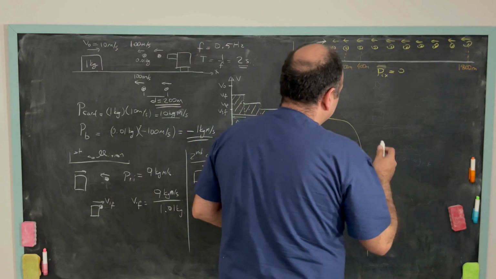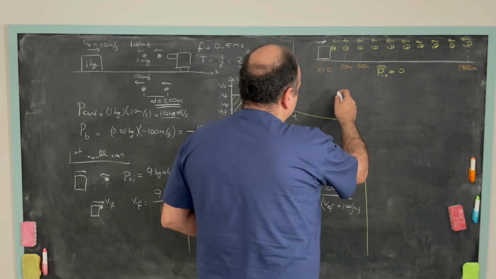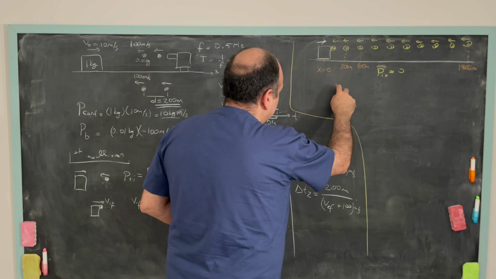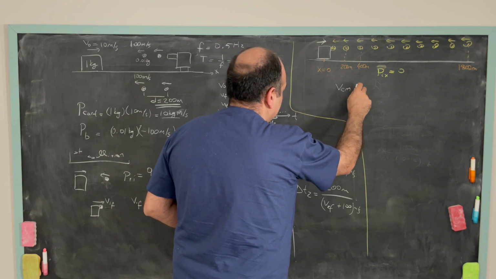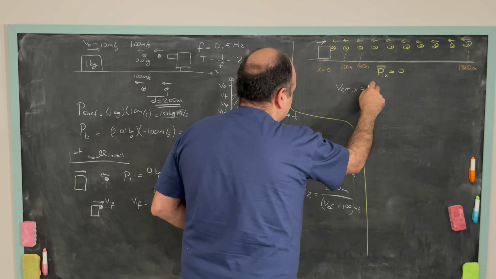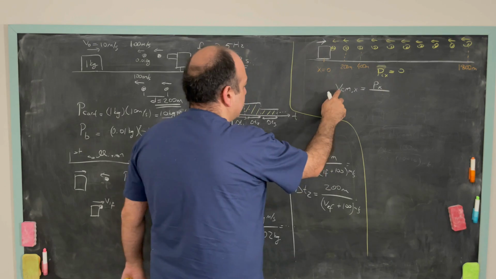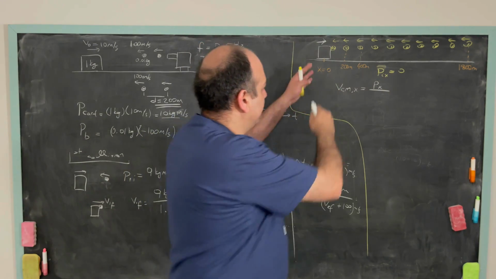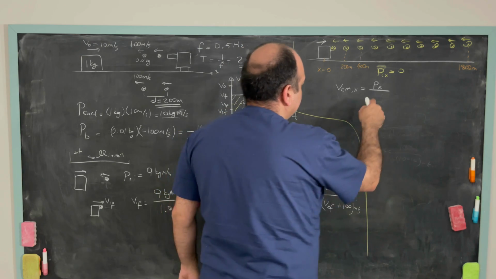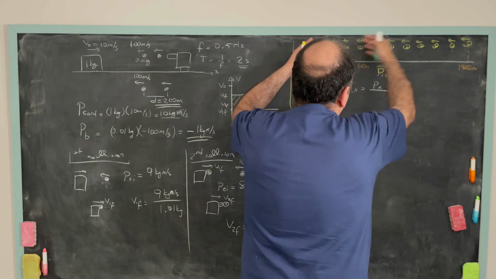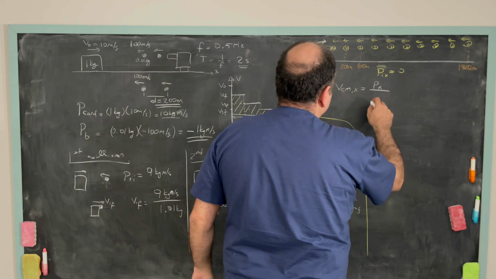So this gives you something really interesting, right? If you remember the definition of center of mass, the velocity of the center of mass of this system, the x component, is equal to the x component of the total linear momentum of the system divided by the total mass, right?